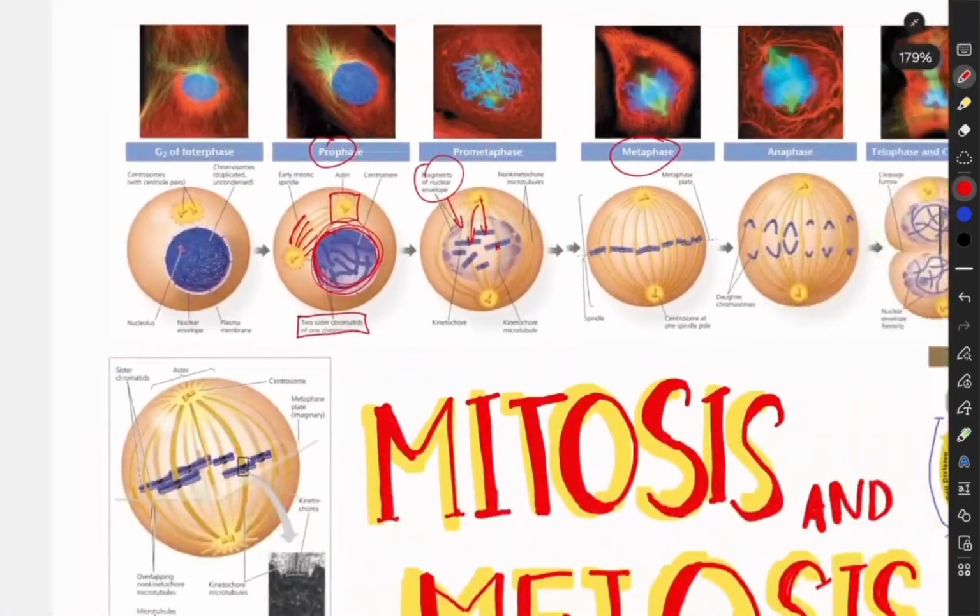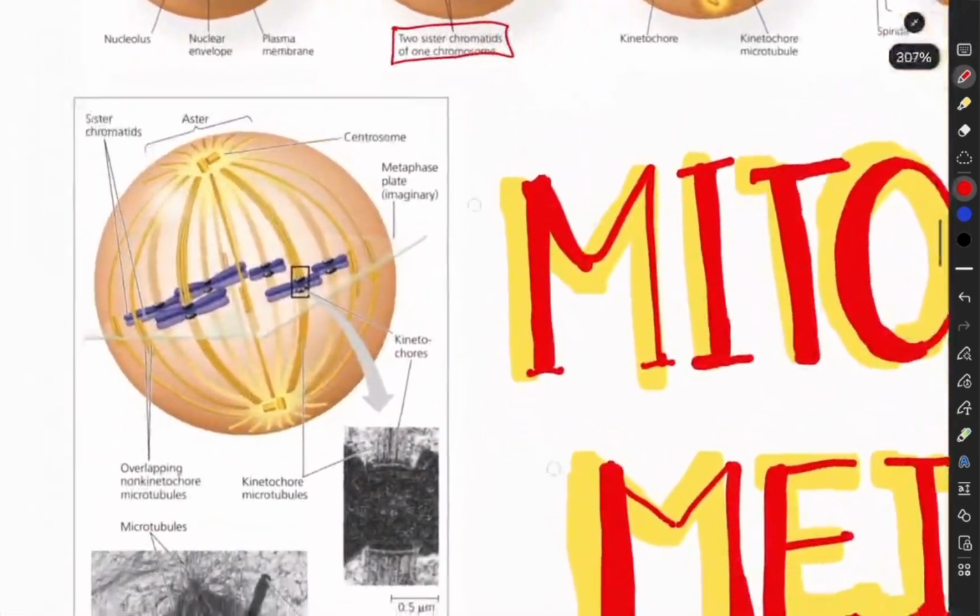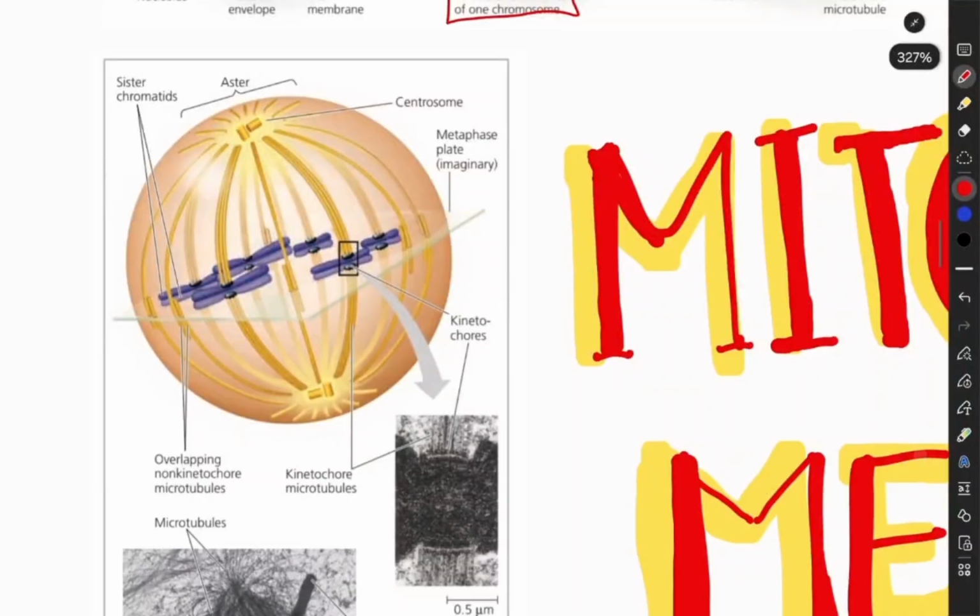So it's like this. The aster, this is the star, and the kinetochore just started to attach to the centromeres and make the chromosomes align in one plate.